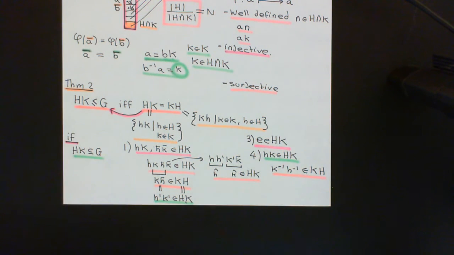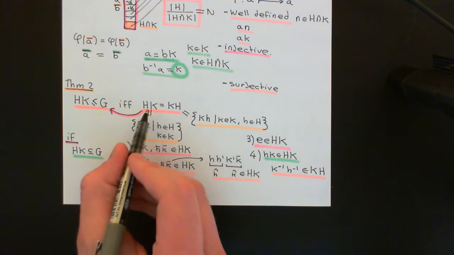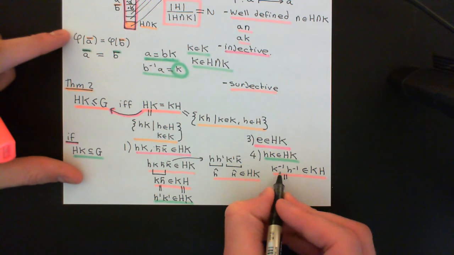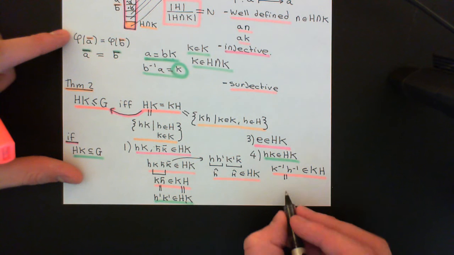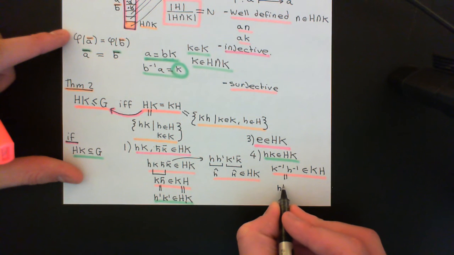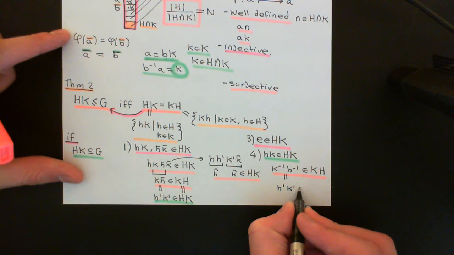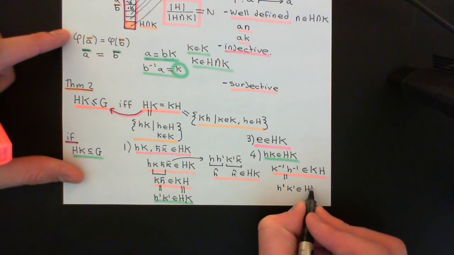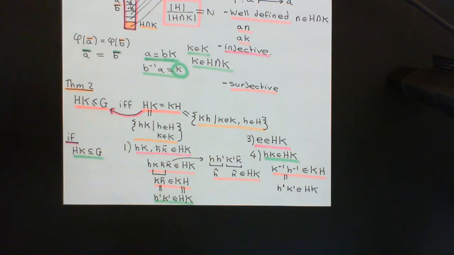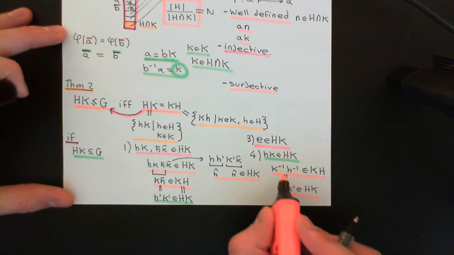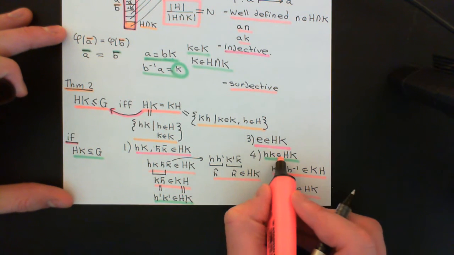But now, of course, we use the fact that this set is equal to this set, so there must be something in this set that is equal to this when you work it out. So there must be some little h prime and some little k prime that I can compose together, which of course will give me some element in capital H producted with capital K, but that when you work this out, this composition here gives you the same as this composition here, and therefore this is going to be the element of this.